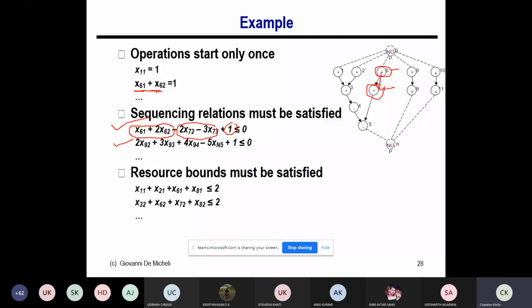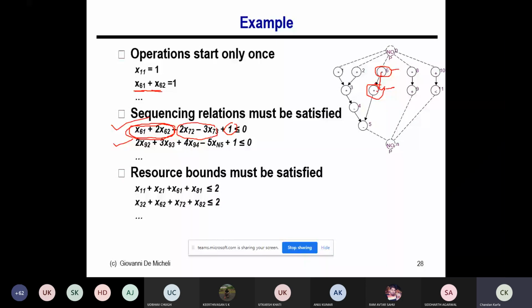So either it will start at time step 1 or time step 2. So this says that this is the possible start time of operation 6. If it starts at time step 1, this is 1 into x61, and if it starts at time step 2, it is 2 into x62. So this is the possible start time of operation 6, and this is nothing but the possible start time of operation 7.